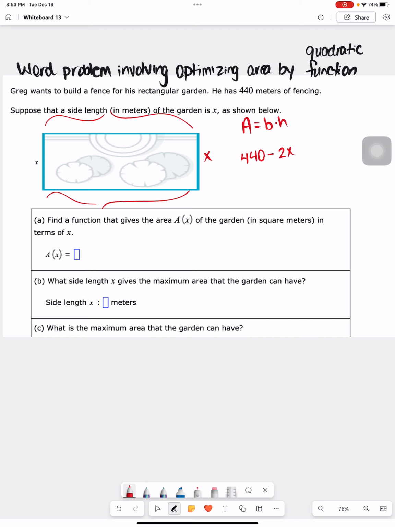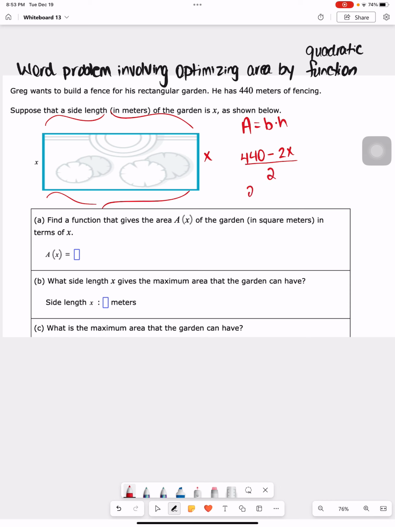That is the lengths of the remaining sides of the rectangle, because we began with 440 meters and we've utilized 2x meters for the heights of the sides. So this represents the remaining length that we would use for the base and the length of the top. But what I need is just the length of one of those sides. So then what I would do is divide that by 2.